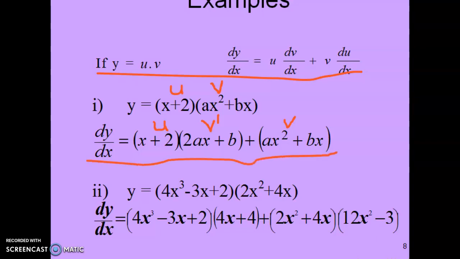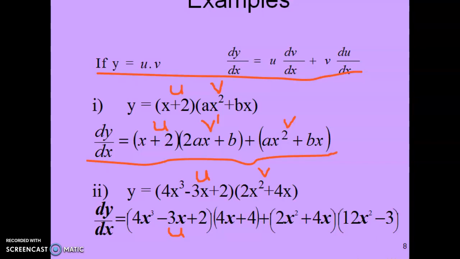So as you can see, the product rule is very, very useful. Let us look at the second example. Again, this is u, this is v. Then what do we have? This is u again.